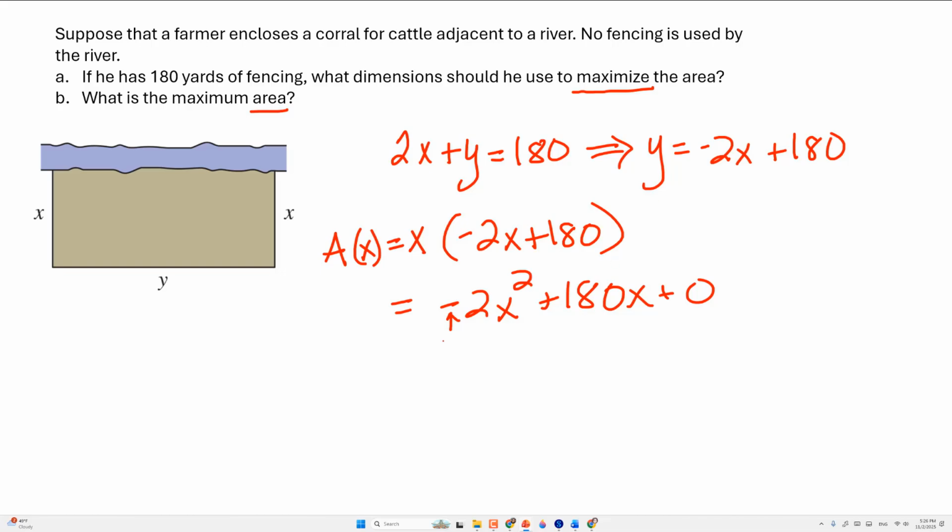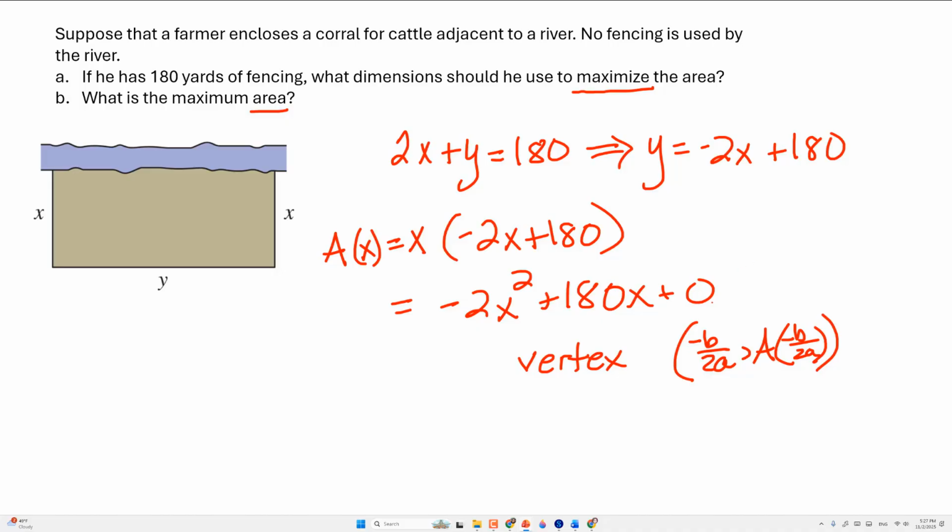That coefficient is negative. So it's a parabola that opens down, and all we need to do is find the vertex of the parabola. So we can use the vertex formula. We don't have to get this in vertex form. We can just use the vertex formula, which is negative b over 2a for the x coordinate and A of negative b over 2a for the y coordinate.